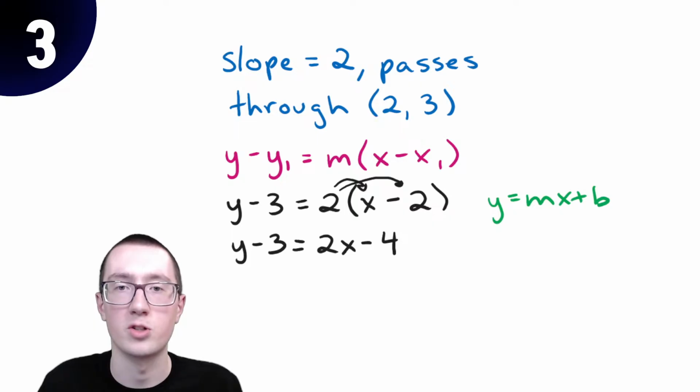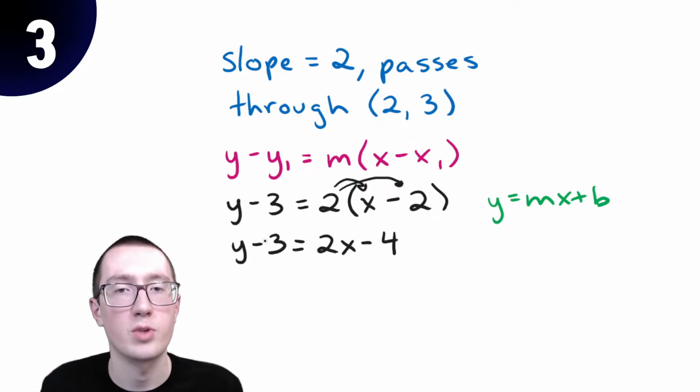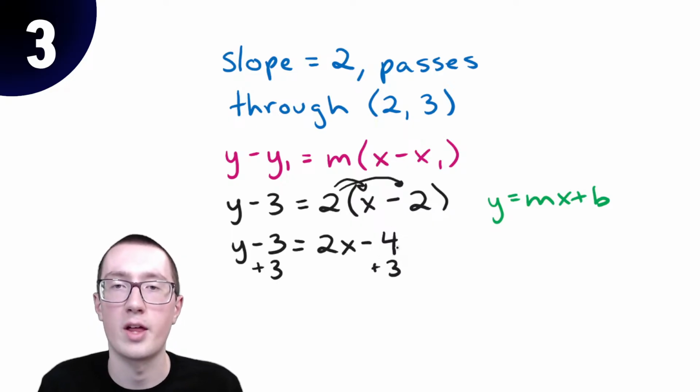And what I was saying was we can get y by itself. To do that, we need to get rid of this minus 3, and the opposite of minus is plus. So we'll add 3 to both sides. I'm putting the plus 3 here under the minus 4 because they're like terms. They're numbers, so we can add them together.